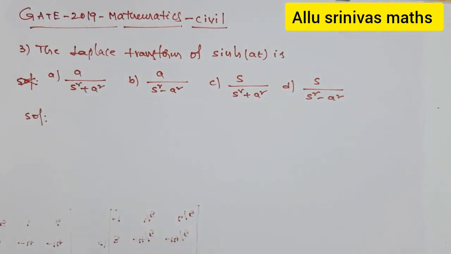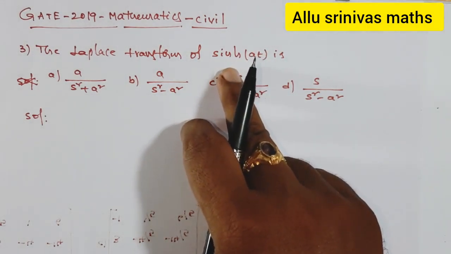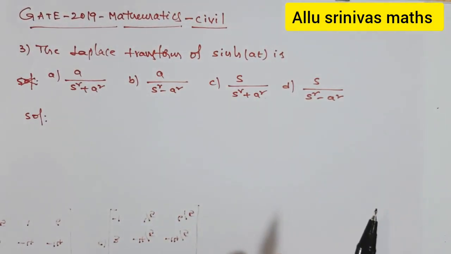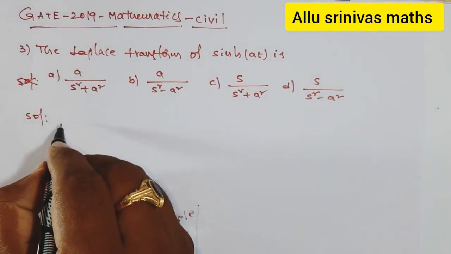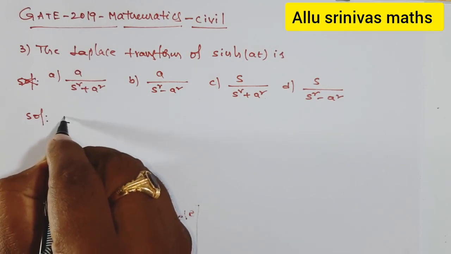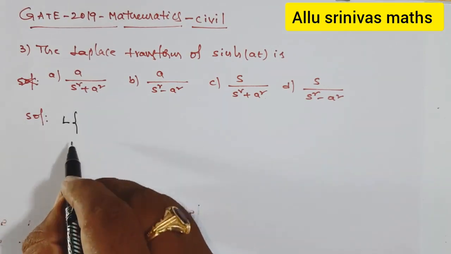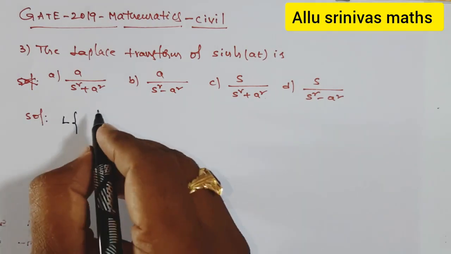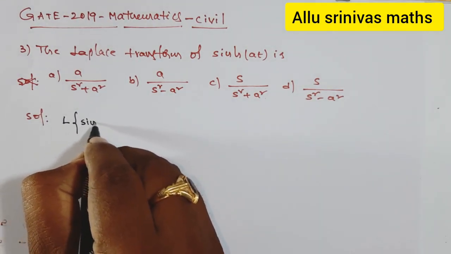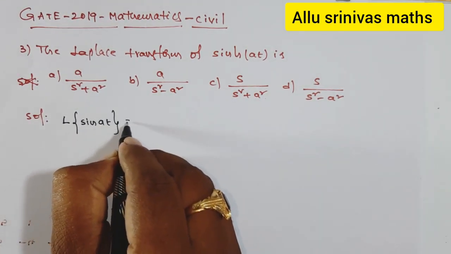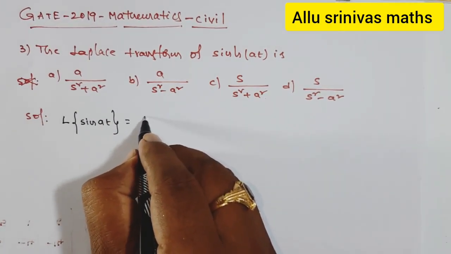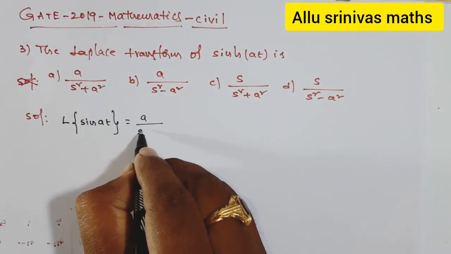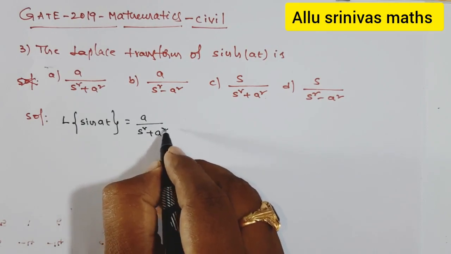Sin is a trigonometric function, sinh is a hyperbolic function. First we write some standard formulas. We know Laplace transform, where L denotes the Laplace transform operator: L of sin at, where a is a constant, is a by s square plus a square.